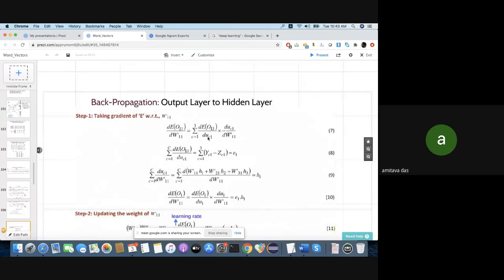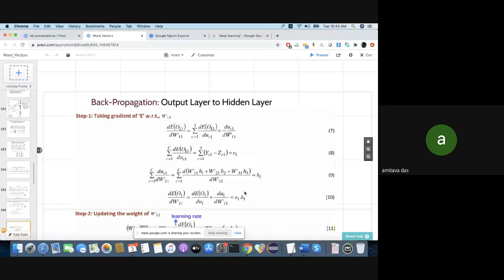If I try to calculate this, I can break it down based on the u_c1, which I just calculated, if you remember, and then u_c1 divided by W11, which I formulated in the last slide. I said this is my y_cj and z_cj, and I can rename this as E1 for simplicity. We know this is the actual weight we have in O11, and we are taking a partial derivative based on W11, which I am calling H1.